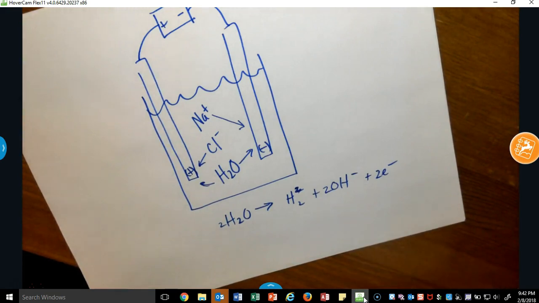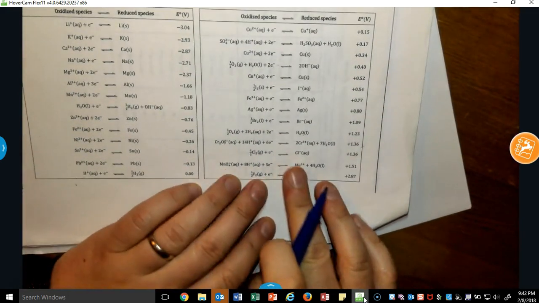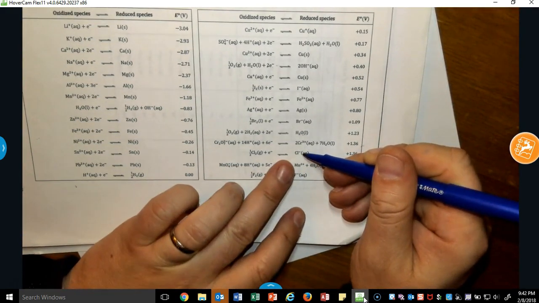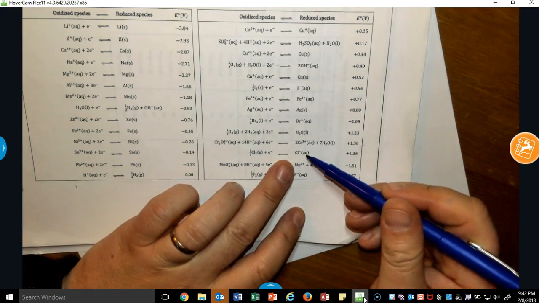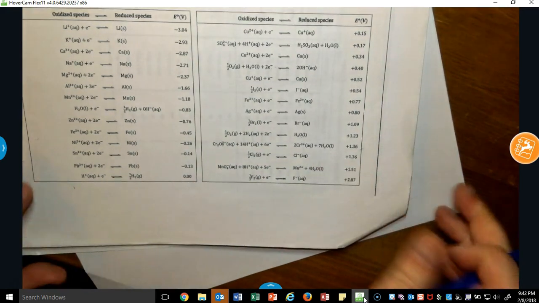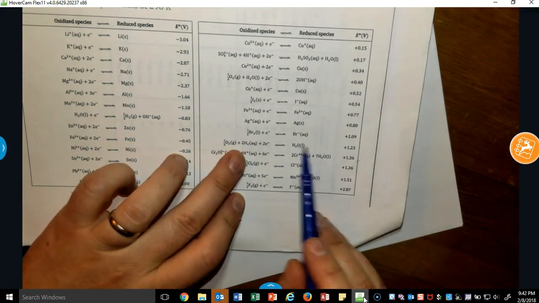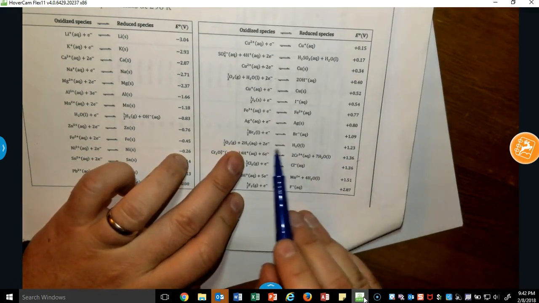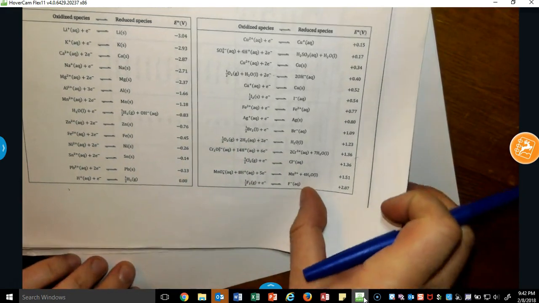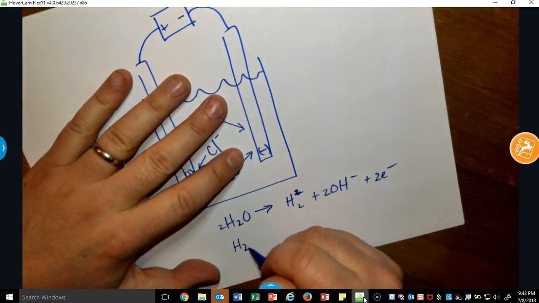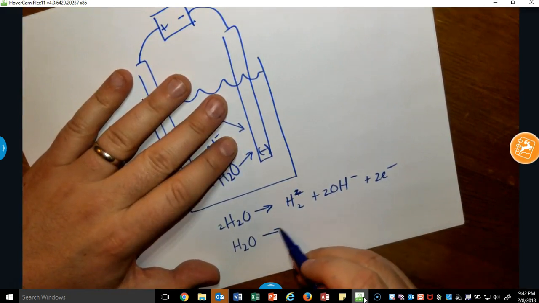So now we have to look and see which is better, chloride or water. So here's chlorine way down here. Chlorine is pretty good at being reduced, not so good at being oxidized. And here we have water, right here, above it at 1.23, which is better at being oxidized. So again, water will win the oxidation challenge.